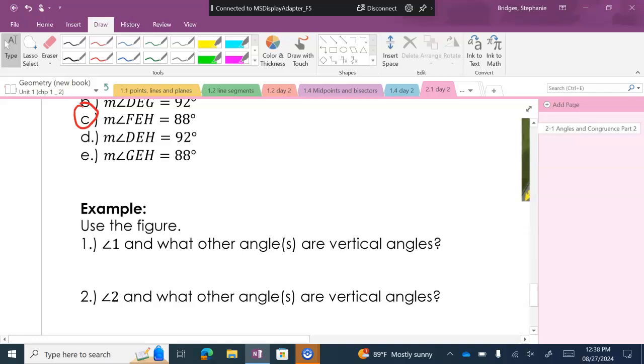So vertical would be like these 2 angles across from each other, not next to, but across. Like that. All right, question number 4 again says angle 1 and what other angles form a linear pair?